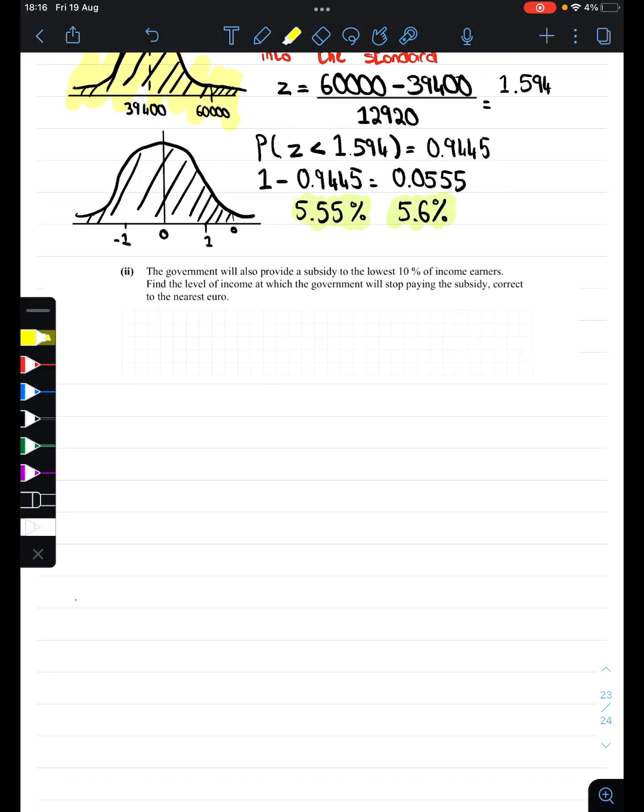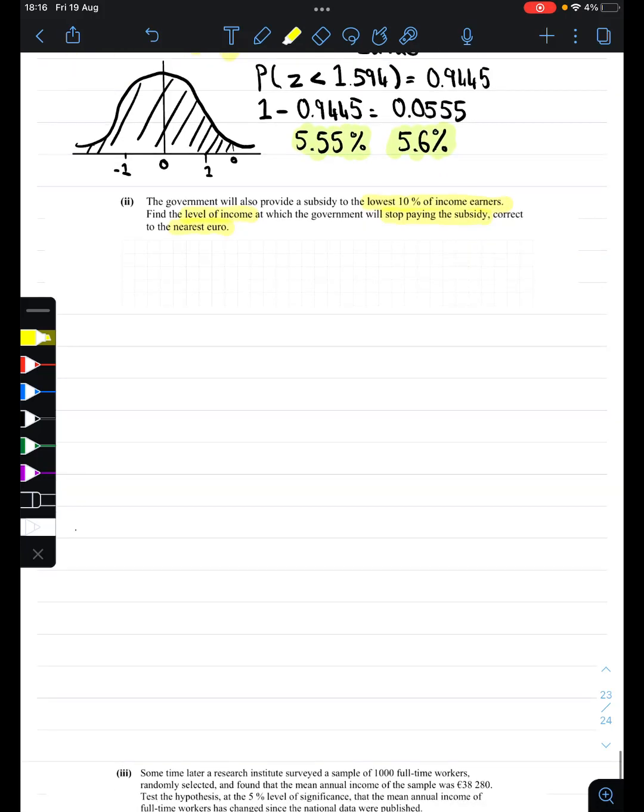The government will also provide a subsidy to the lowest 10% of income earners. Find the level of income at which the government will stop paying the subsidy, correct to the nearest euro. Okay, so what is it that we're looking for?